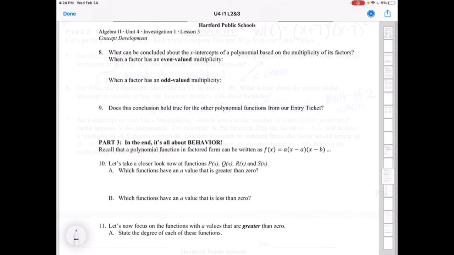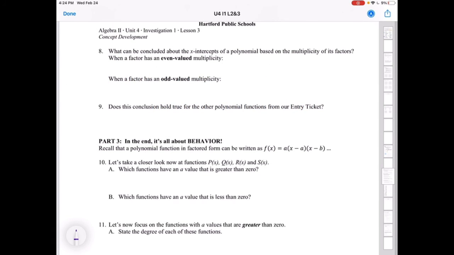So it says, what can we find out about even-valued multiplicity? Well, after we've experimented with the polynomials in graphing using Desmos, we should have come to the fact that an even value is going to look like a second degree polynomial.